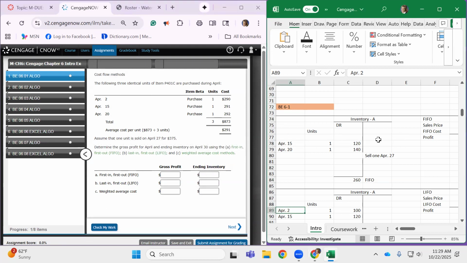So here's inventory, right? There's no beginning balance, so I'm going to put April 2nd here. We purchased one unit on April 2nd for $290. And then April 15th, let me put this in.